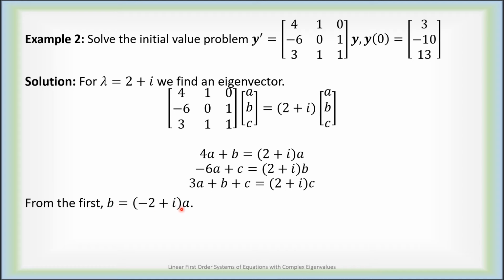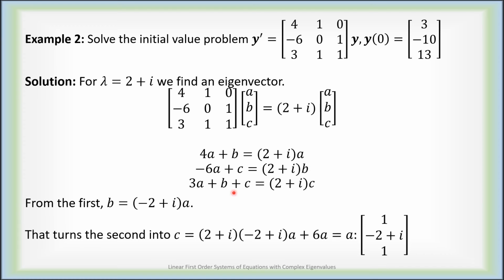We're going to take this value of b and substitute it into the second equation. So we're going to add the 6a over, so here's a plus 6a. Otherwise, c is equal to 2 plus i times b, but b is negative 2 plus i times a. If you distribute all of this out and then add the 6a, it's just a.